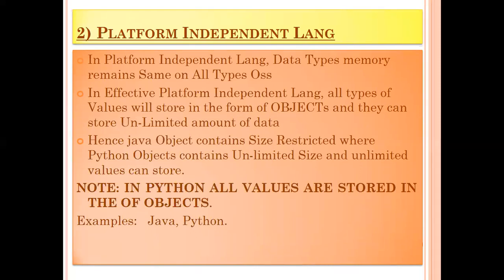So whatever we store in Python, it is stored in the form of objects, and that is why we can store the unlimited amount of data. As we know that Java is size restricted, but in case we talk about Python, we can store unlimited size and unlimited values in the Python programming language.